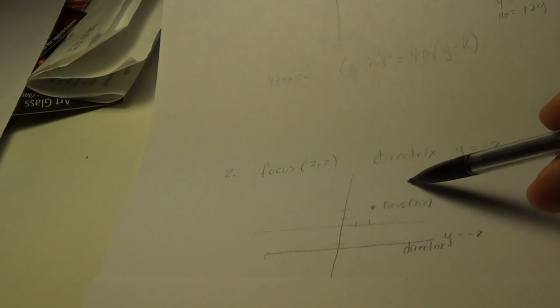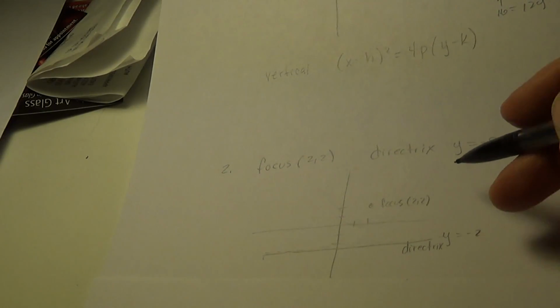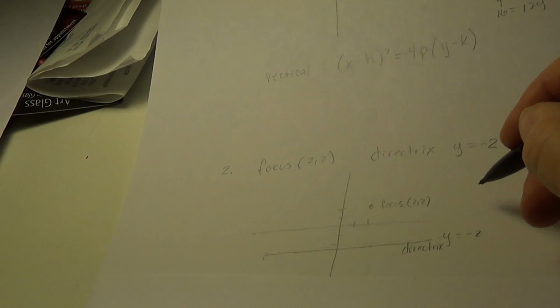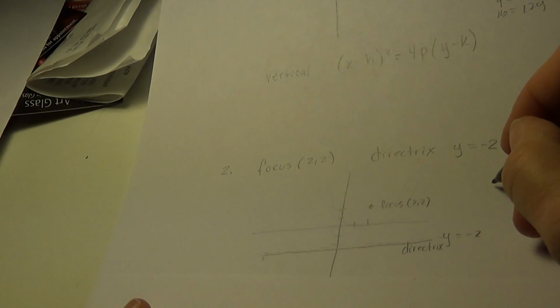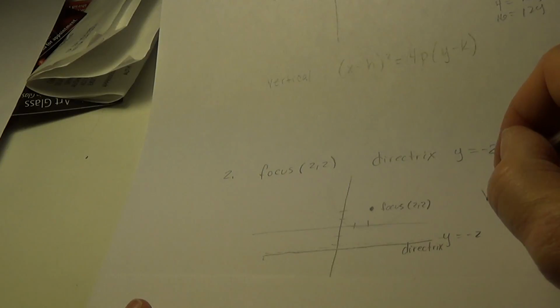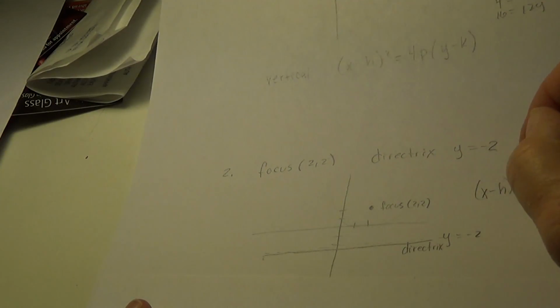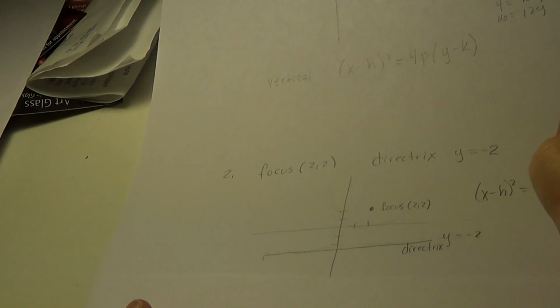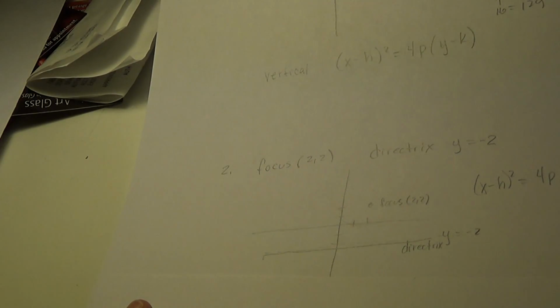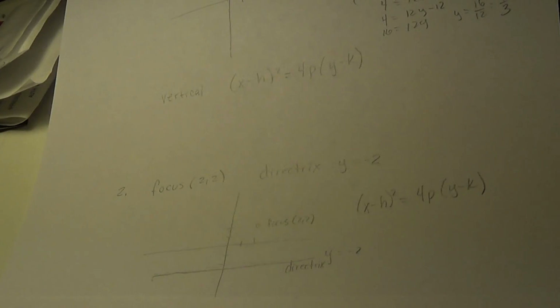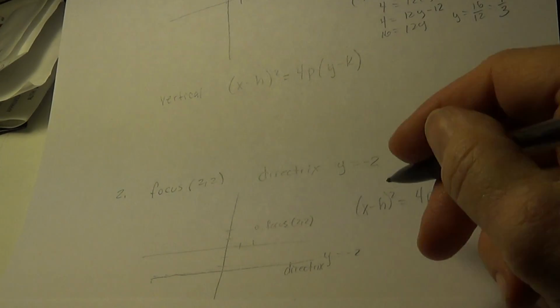So it's going to bend away from it. So I recognize this is a vertical one: x minus h quantity squared equals 4p times y minus k.